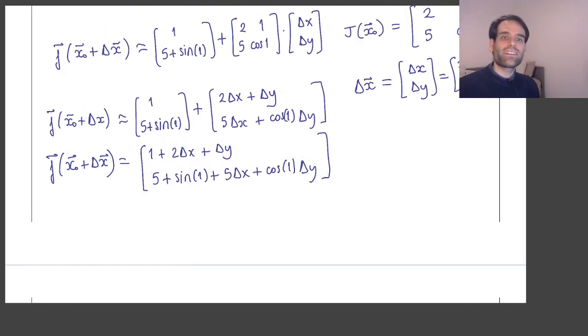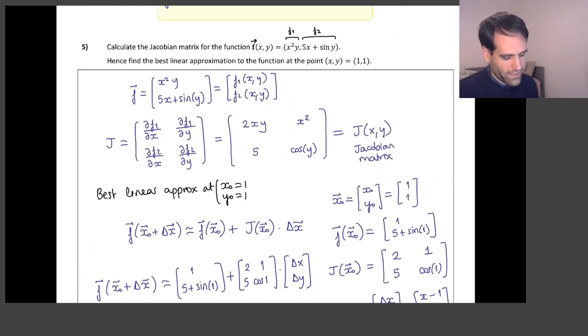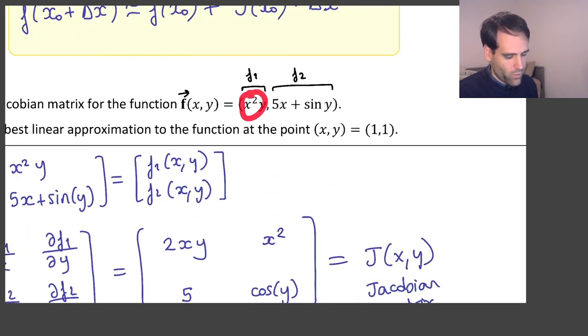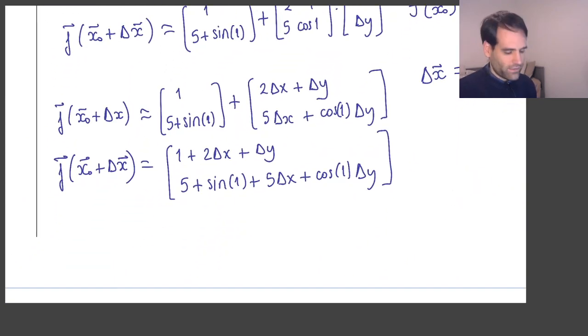But this is a linear function because it depends, in a linear way, on delta x and delta y. It doesn't have any delta x squared, it doesn't have any cosines, unlike the original function that had squares and had sines and so on. This approximation does not have any of that. It only has linear combinations of terms, okay? Either constants or simple delta x and delta y.